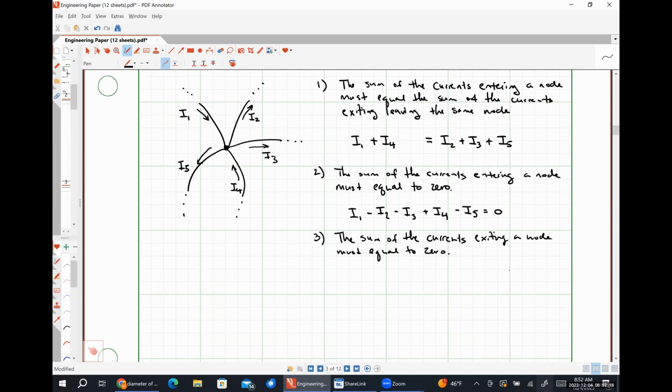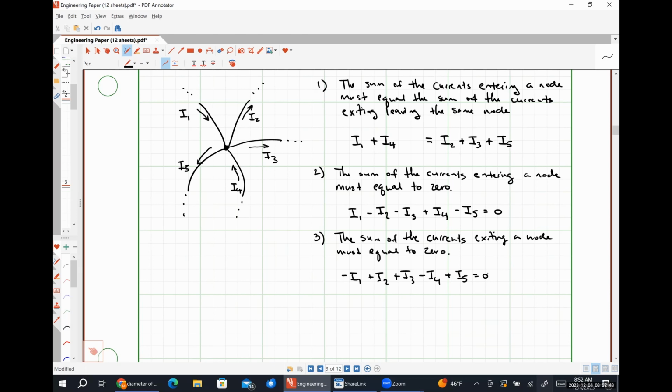So in this case, negative I1 is exiting, positive I2 is exiting, positive I3 is exiting, negative I4 is exiting, positive I5 is exiting, set this equal to zero. And it's effectively the exact same thing as we got for our second equation, except that everything was multiplied by -1 because we're considering the opposite direction, which is exactly what we would expect given how currents work.